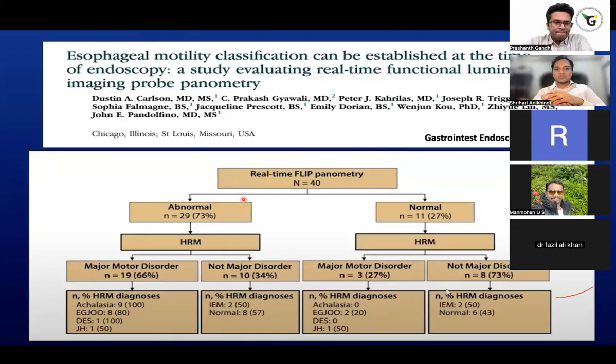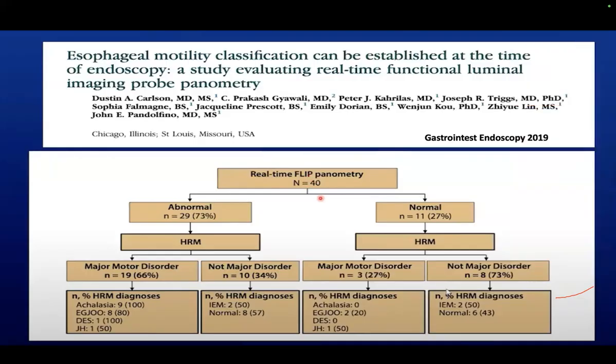This was an excellent study by Pandolfino and group. 40 patients underwent real-time FLIP panometry during their index endoscopies itself, and 73% of them showed abnormal FLIP and 20% showed normal FLIP readings. In those who showed abnormal FLIP findings, when a manometry was done, two-thirds of them showed major motility disorders.